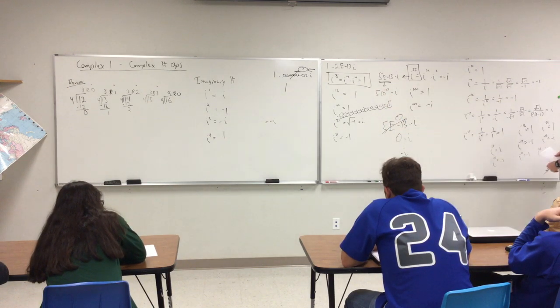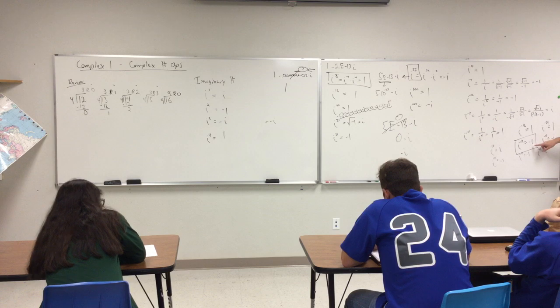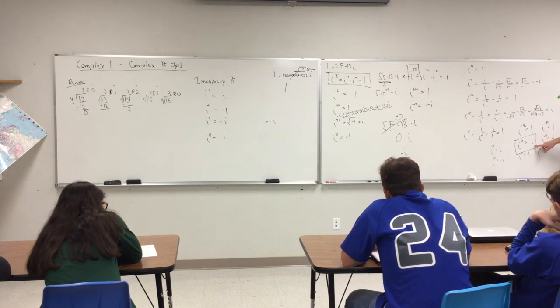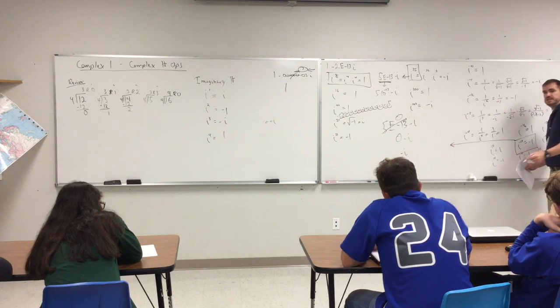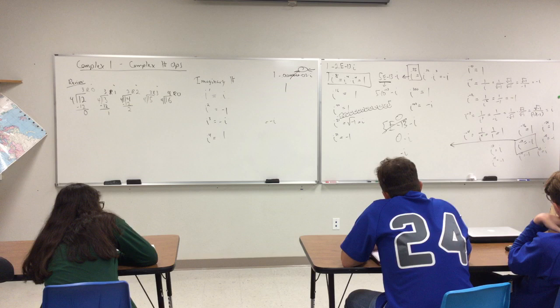One more. Let's try i to the negative 17. Now, what are we expecting, class? We're expecting negative i. What does the calculator tell us? Naomi, what do you get for i to the negative 17?